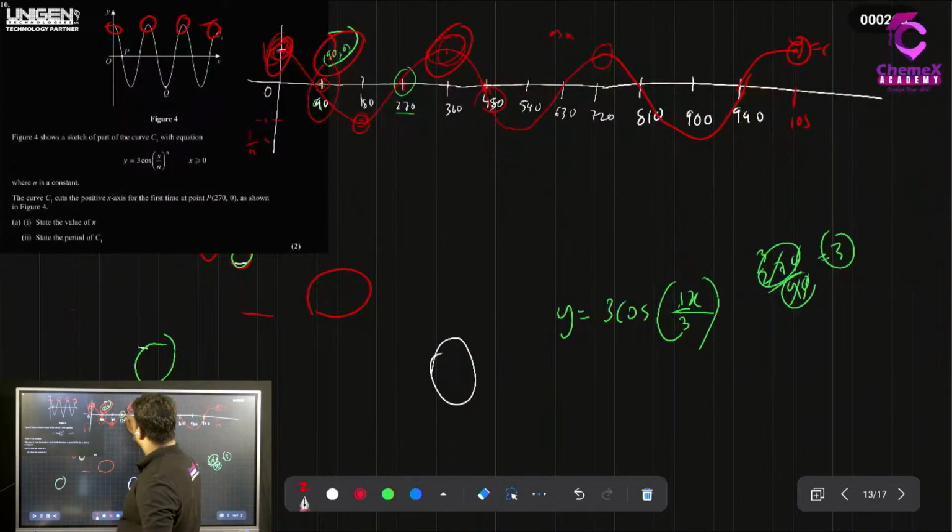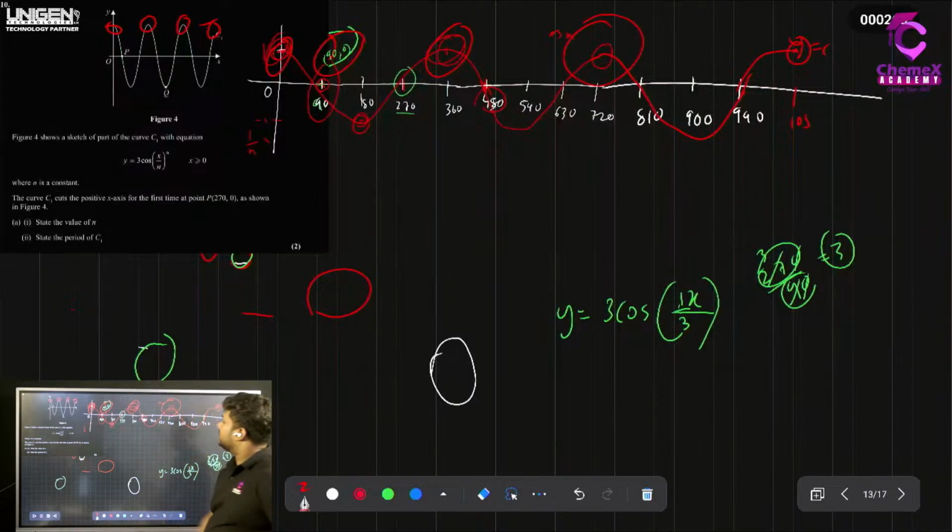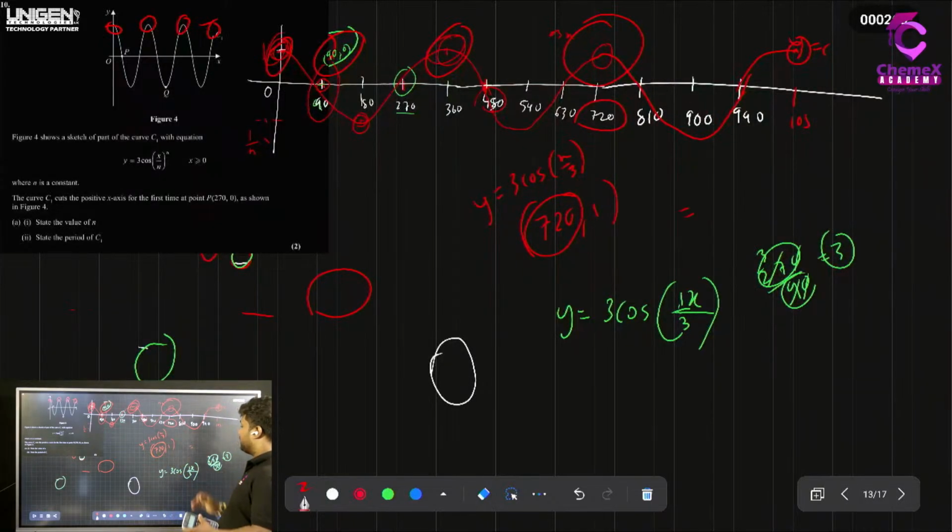So this is the one, right? In the usual graph it's 720. In this graph, y equals 3 cos x over 3, what will it be? This was 360 comma 1; what will it be here? Sorry, 720 comma 1.